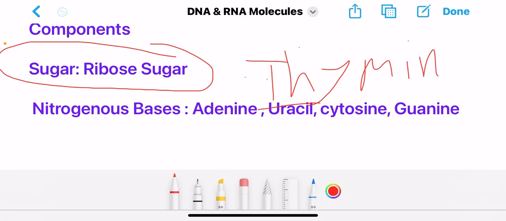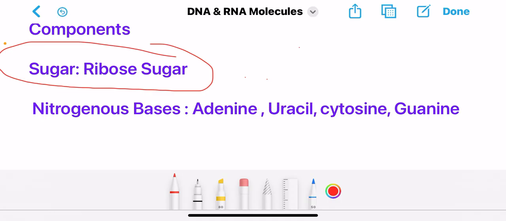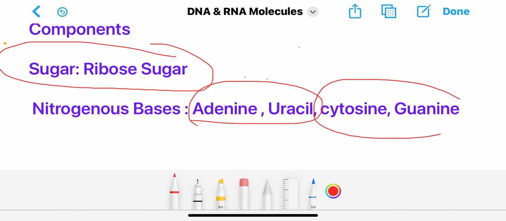But now in RNA we have uracil in place of thymine. So here we expect adenine to pair with who? With uracil. Cytosine to pair with who? With guanine, because cytosine and guanine are the good couple, so they're always paired together. But adenine and uracil are paired together only in RNA, and in DNA we have thymine pairing with adenine.